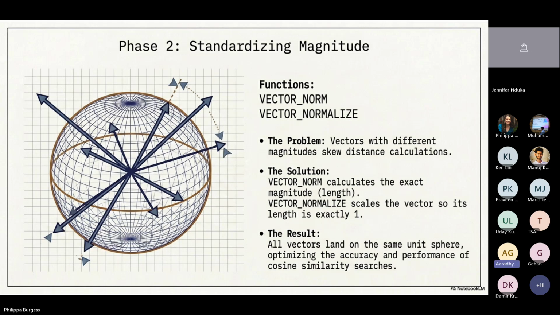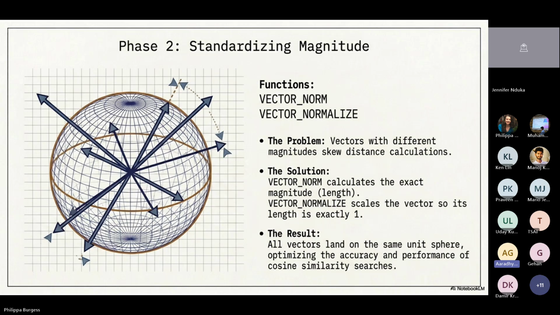So the solution for this is the unit sphere. What happens to our data geometrically when every vector has a length of exactly 1 is that it falls perfectly on the surface of a multi-dimensional unit sphere. This creates an incredible architectural advantage: when all data points are on a unit sphere, the complex formulas for cosine similarity and dot product simplify and become completely identical.